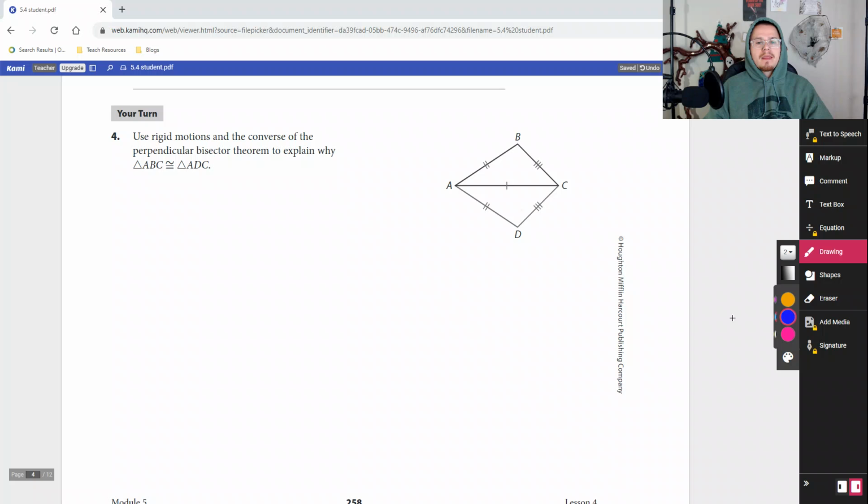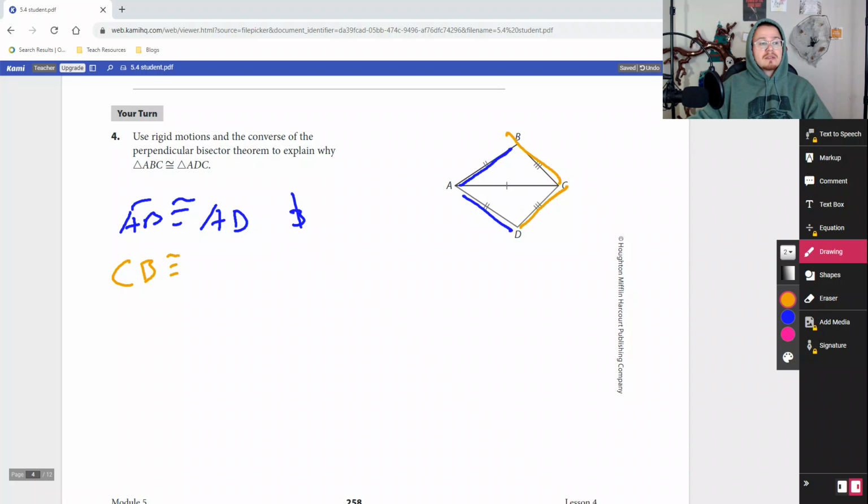So, your turn. Use rigid motions and the converse of the perpendicular bisector to explain why these two triangles are congruent. So, AB is congruent to AD, right? So, write that. This is the part of geometry I don't love, but we gonna muscle through it. And CB is congruent to CD.